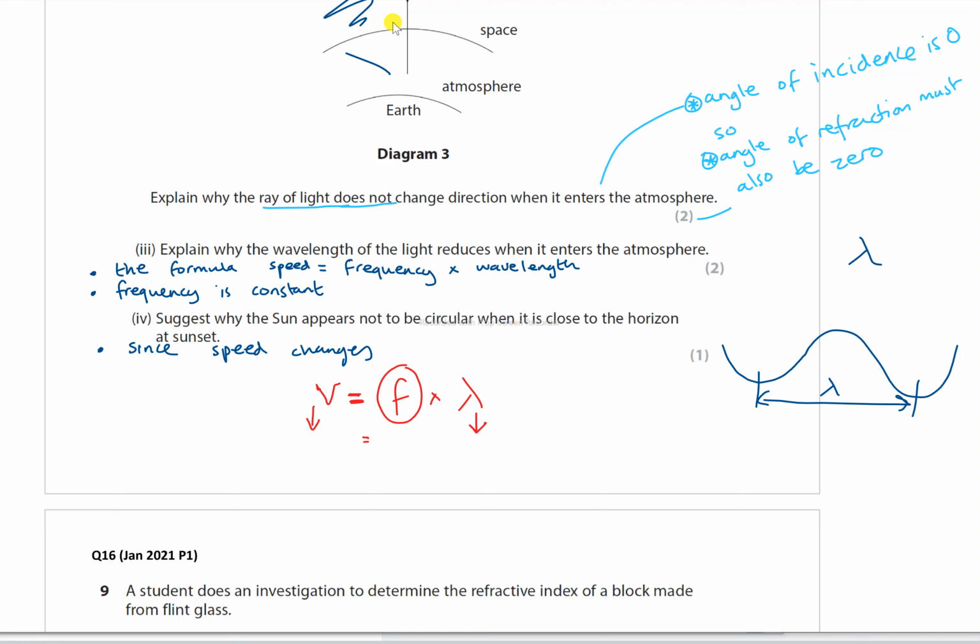So since speed changes, decreases, the wavelength must also decrease.